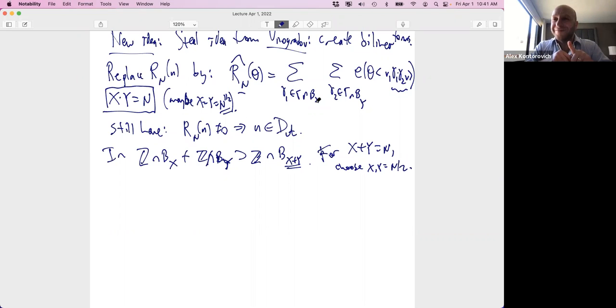Holder's inequality. Yes, Holder in the simplest case, when it's L2, Cauchy-Schwarz. Okay, that was my next guess. Holder's is the generalized Cauchy-Schwarz. There's a saying.